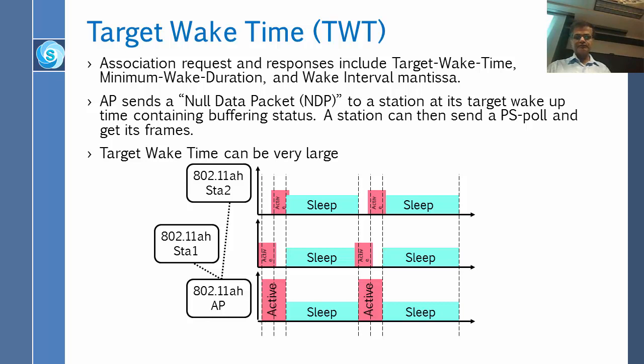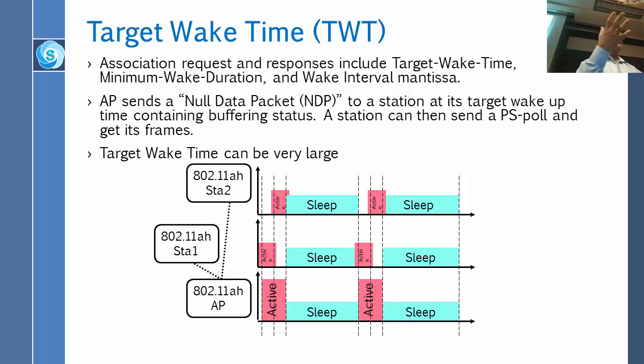So what this picture tries to show is that in 11ah, there are 2 stations. They have different times to wake up. And the access point has its own time to wake up. So, of course, if you're going to wake up every day and the access point is going to wake up every hour, there will be 59 minutes when nothing can be done because everybody is sleeping, right?